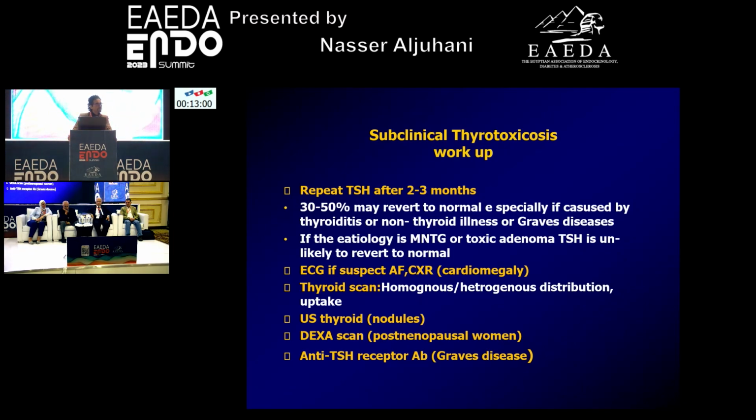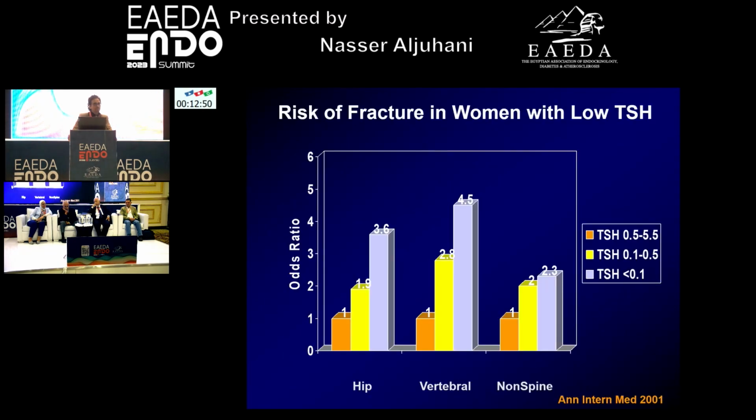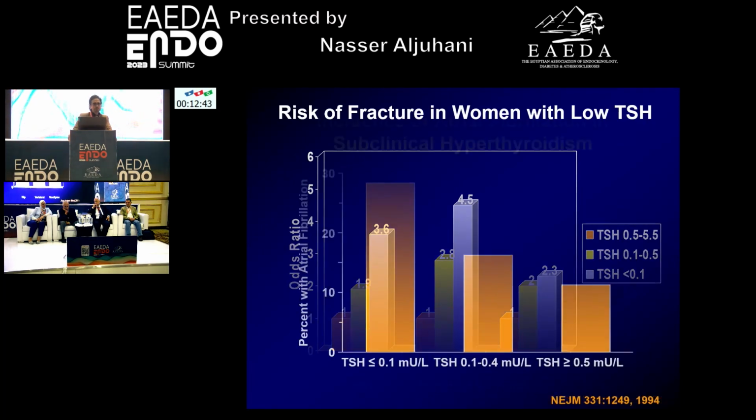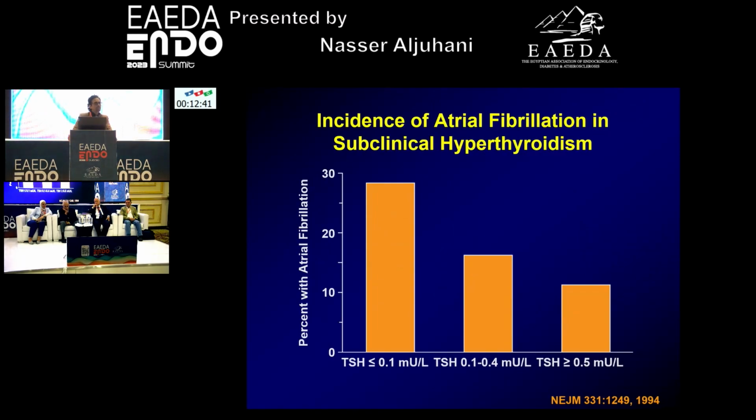So sometimes in subclinical hyperthyroidism, anti-TSH receptor antibodies like thyroid stimulating immunoglobulin will help us in the diagnosis. This is the effect: there is increased risk of fracture in women with subclinical hyperthyroidism, especially if TSH is less than 0.1. Also, there is increased risk of atrial fibrillation, and this is related to the TSH level.